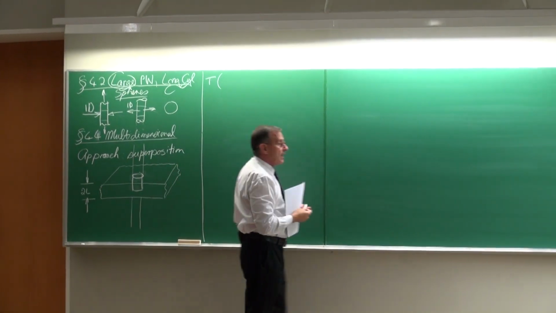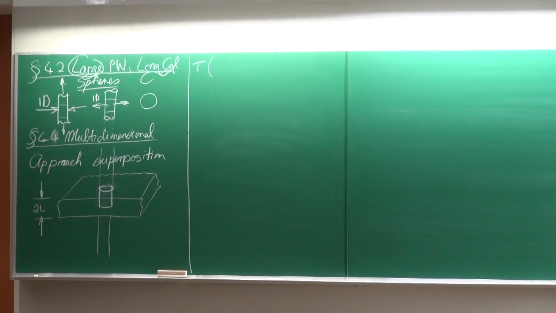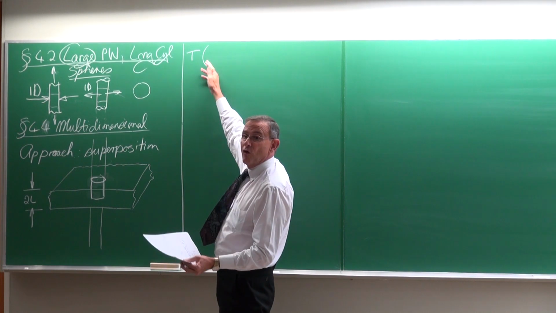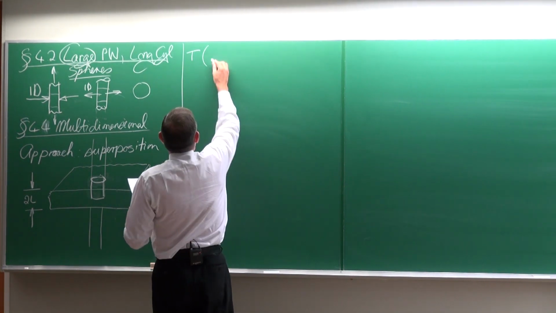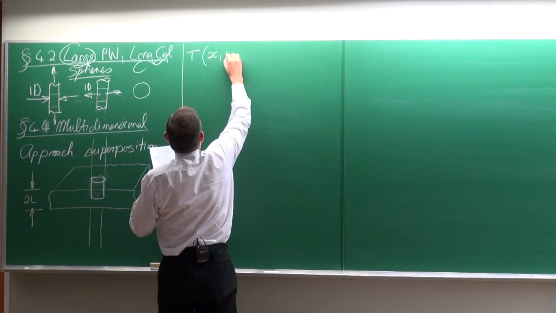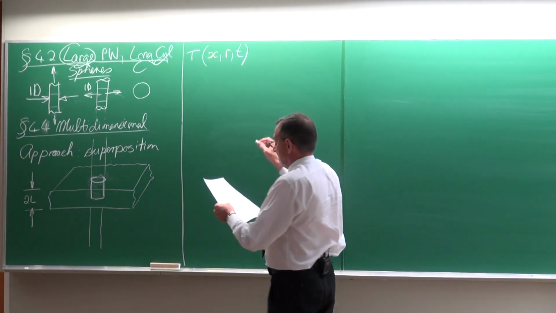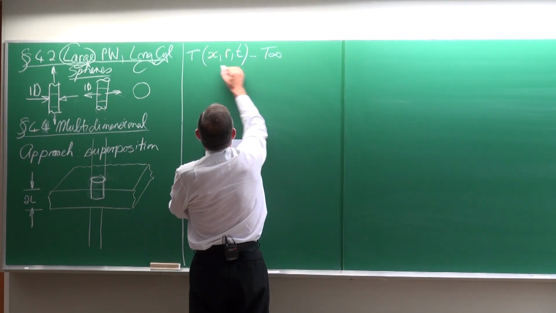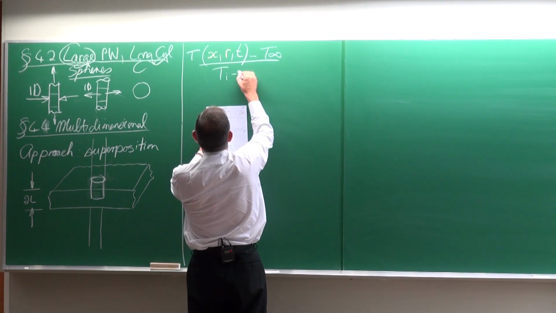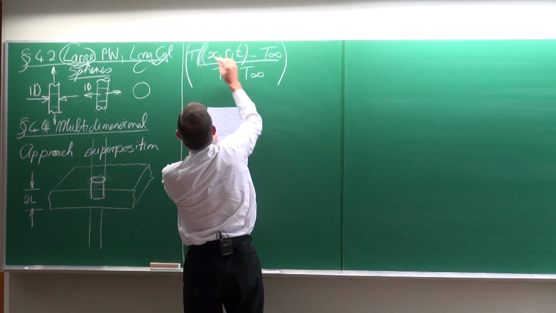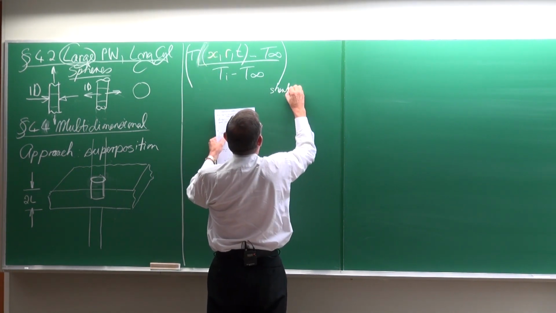So therefore, we can then write that the temperature distribution now becomes a two-dimensional temperature distribution. Previously, the temperature distribution was only a function of r or x. Now, it is going to be a function of x and r, and previously it was a function of T minus T infinity divided by Ti minus T infinity, and that would now be the solution for a short cylinder.